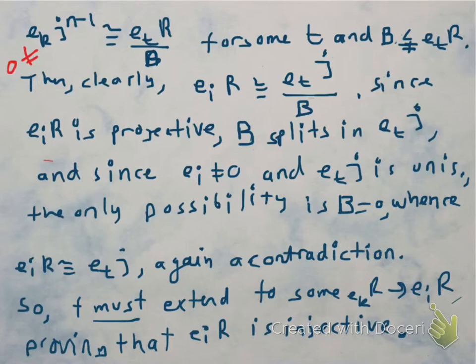But EIR is a principal indecomposable, so it's projective. Therefore, B has to be a direct summand of ETJ. And since EI is non-zero and ETJ is uniserial, there's only one possibility, namely that B is 0.